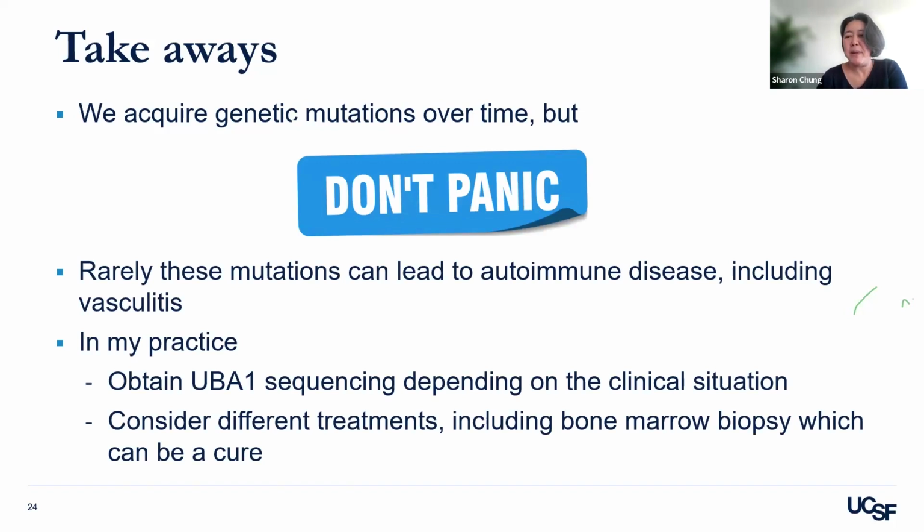So what does that mean for me in my practice? I will obtain this UBA1 gene sequencing in certain situations. So, for example, I said that there are patients with giant cell arteritis who have been subsequently found to have VEXAS. This doesn't mean I'm going to test every single patient with giant cell arteritis to see if they have VEXAS.